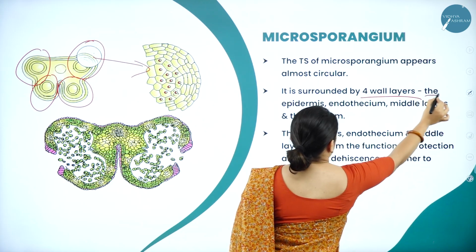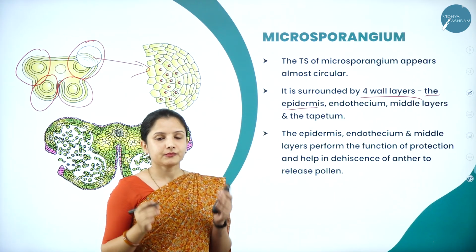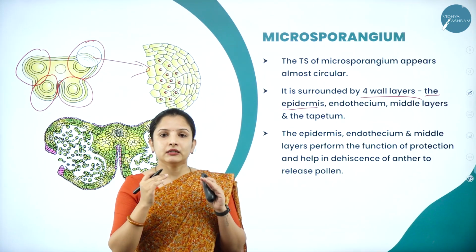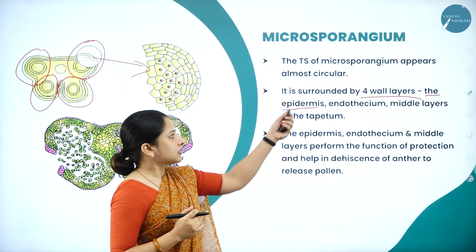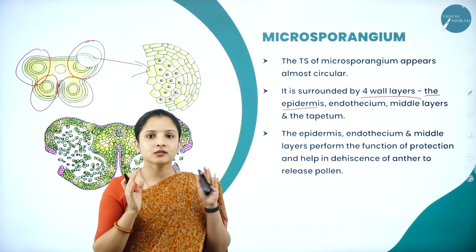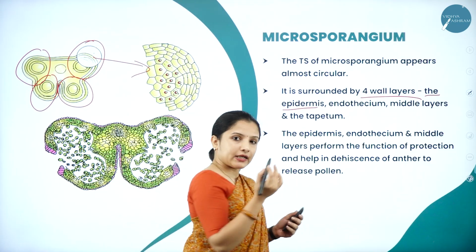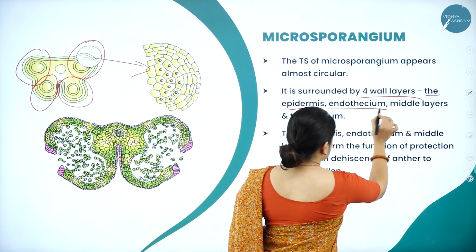That is the epidermis, which is the outer wall layer. Epi means outer, dermis or derma means covering or skin. So, epidermis is the outer covering of the microsporangium. Then, inner to the epidermis, we have the endothecium.